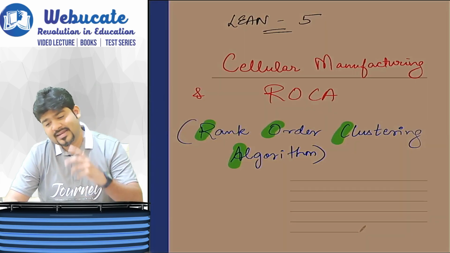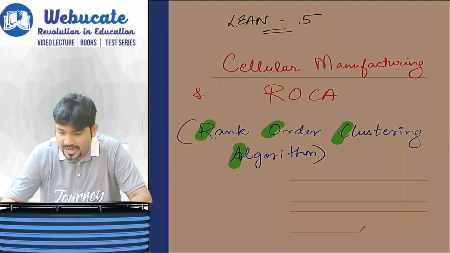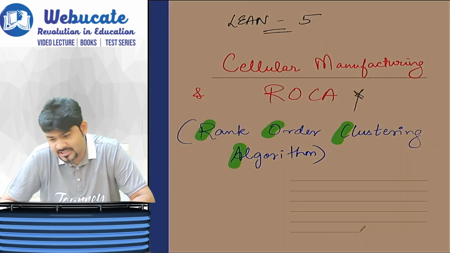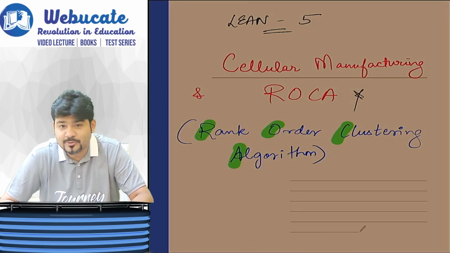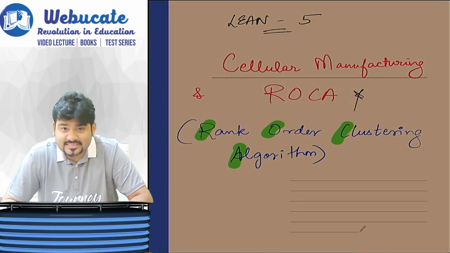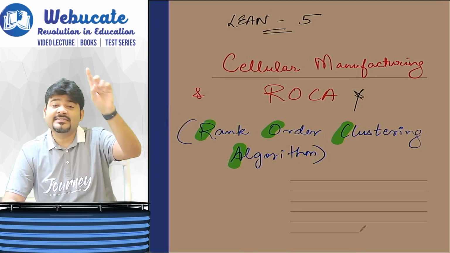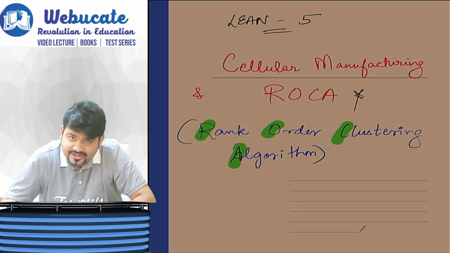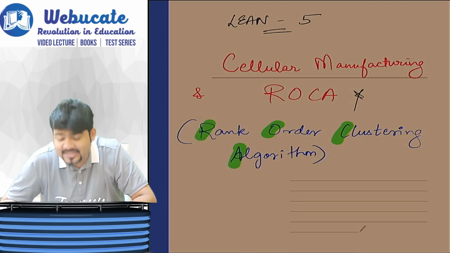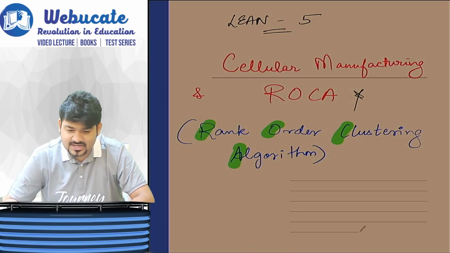So what exactly is the concept of ROCA, which is very important, which has sums in it and which can be asked in the examinations? And before ROCA was introduced, we had Lean 5, cellular manufacturing. So what exactly is cellular manufacturing? What is Lean 5?